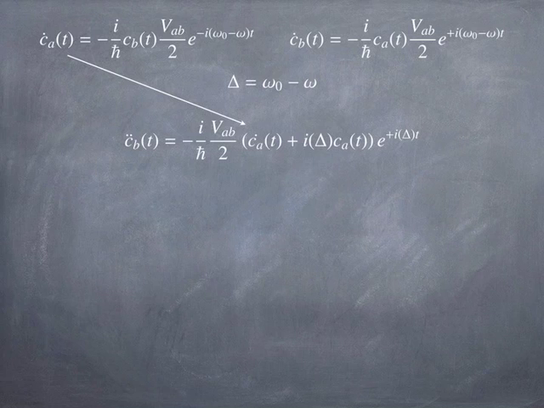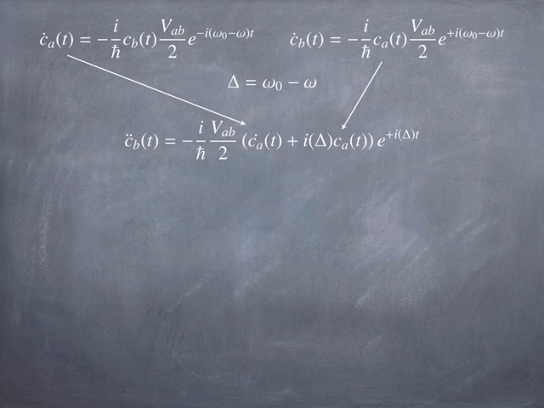I'll get CB double dot, and let's see what I'm going to get. I'm going to get a CA dot, and I'm going to get a CA with a delta coming downstairs. And I'll solve the right equation for CA and plug back in to get something in terms of CB dot. I'll solve the left equation for CA dot.